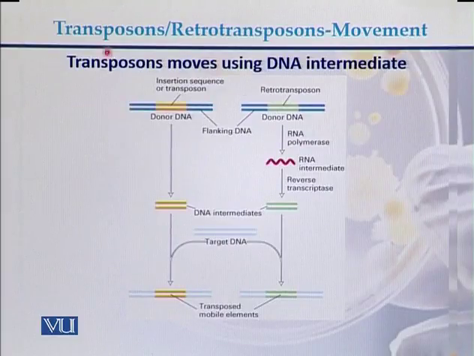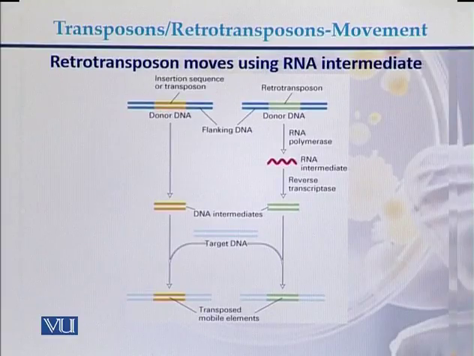Here is another example, a diagram, to understand how transposons move using a DNA intermediate. Here we can see that there is a donor DNA, a DNA intermediate, and this DNA intermediate is integrated at another location. So this is an example of the movement of a transposon when there is a DNA intermediate. On the other hand, here on the right side is the example of how retrotransposons move when they use RNA as the intermediate.